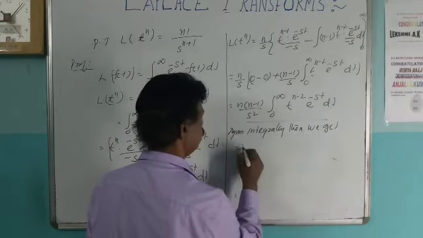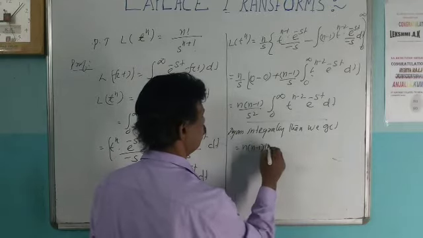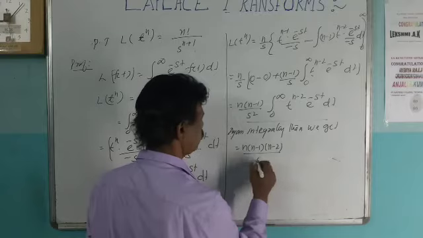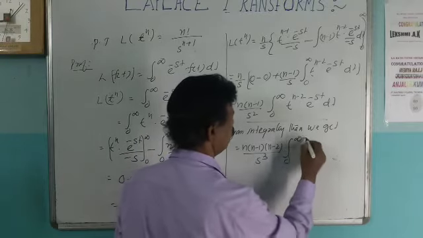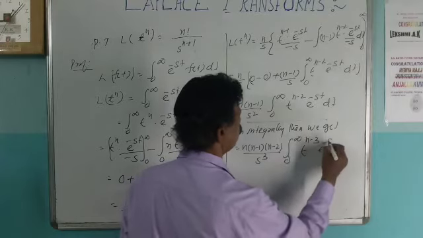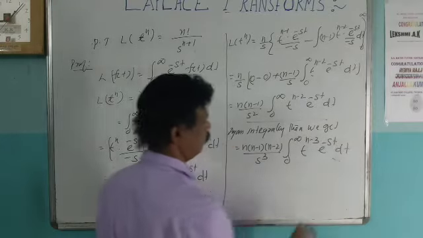n into n minus 1, n minus 2 by s cubed into integral 0 to infinity t raised to n minus 3 e raised to minus st dt. Okay.